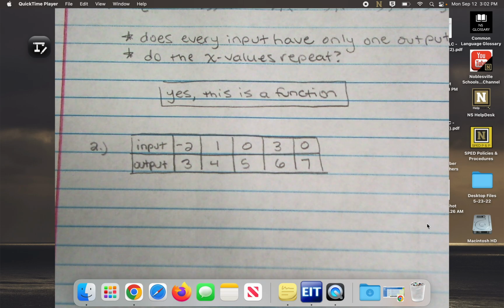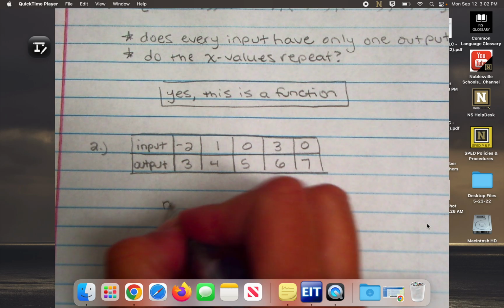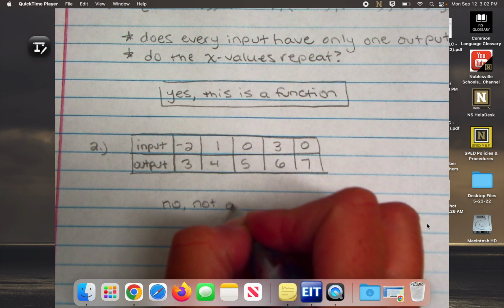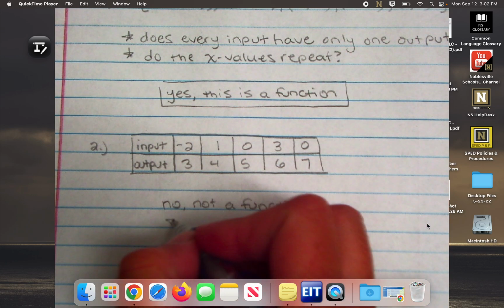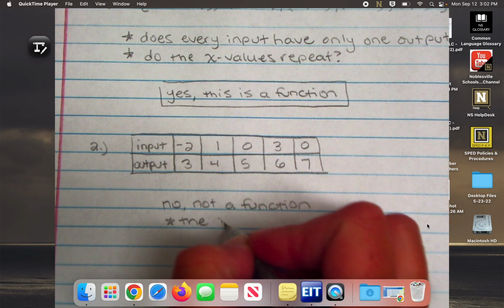Okay, is this a function or not a function? Carson, why not? Because the input has 2 zeros. Yep.